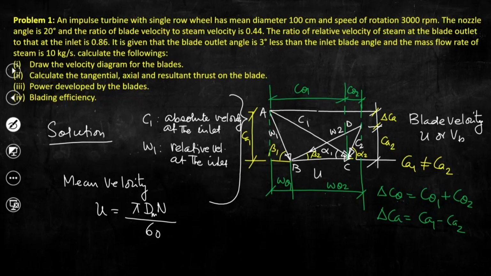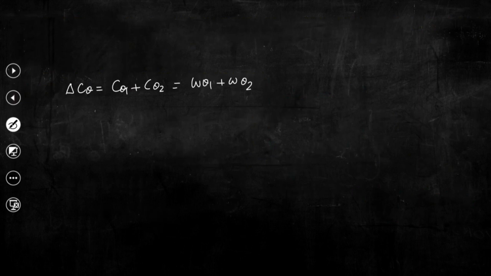Another thing: if we look at the inlet velocity triangle ABC, we can see that CA1 is equal to C1 sin alpha 1. CA1, the flow velocity at the inlet, is the component of absolute velocity in the axial direction at the inlet, equal to C1 sin alpha 1.